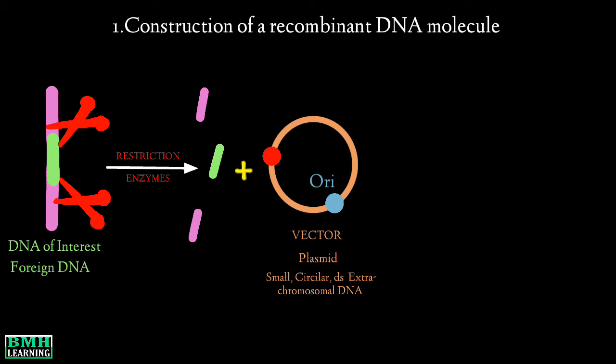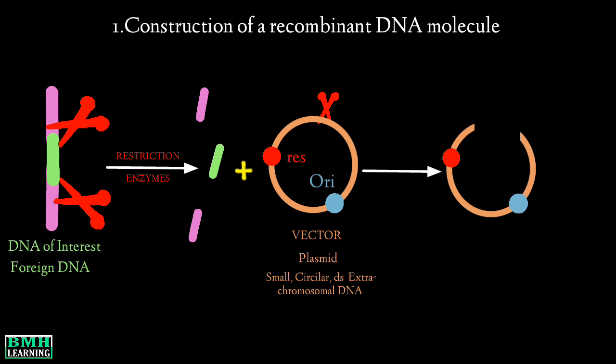And this is a property which we are going to exploit to increase the copy number of our desired piece of DNA. Apart from this, it has an antibiotic resistance gene. You should note this because this would be very helpful later. Now, in order to put the foreign DNA into the plasmid DNA, first we need to open it. So we bring the same restriction enzyme which was used for cutting the DNA of interest.